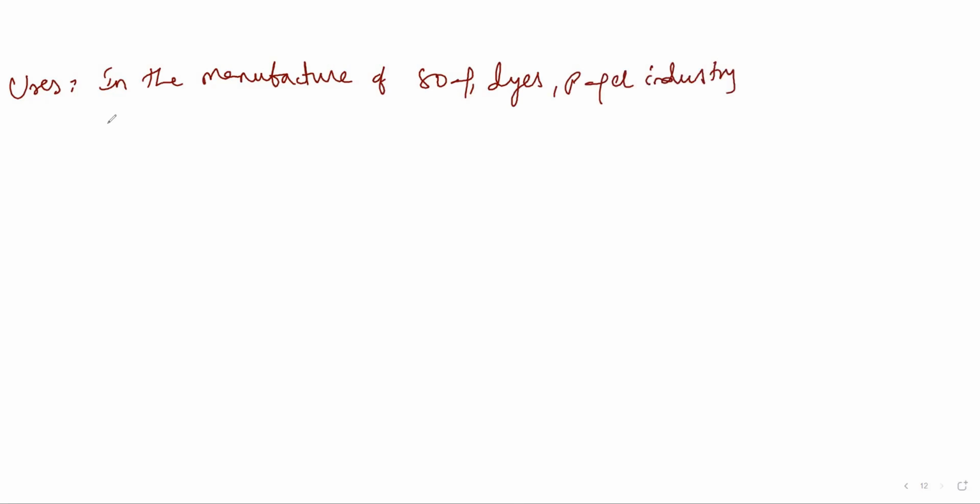It is used in the manufacture of soap, dyes. Dyes means colors. And in paper industry. Next, it is used in petroleum refining.